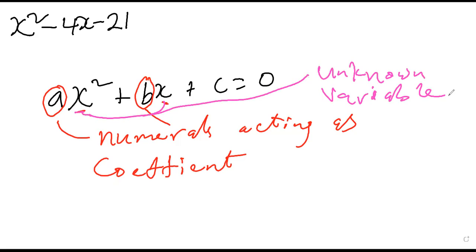Whatever is in front of the s is a numeral acting as a coefficient. So if we know, we could put a number, it could be 2, it could be 3, it could be 4, it could be whatever, right?